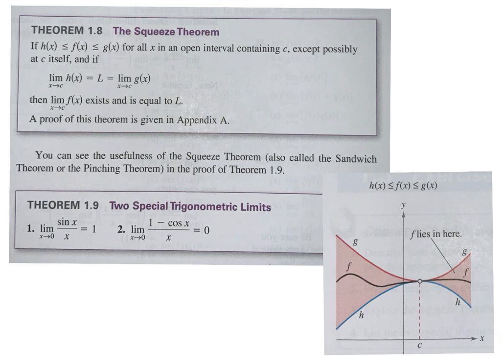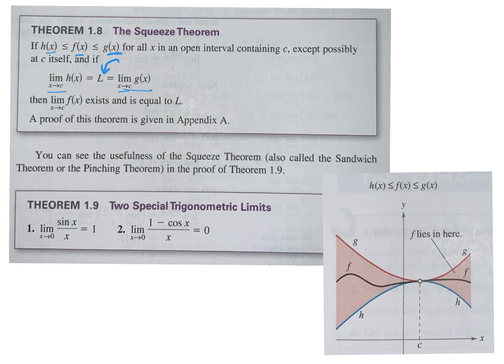All right, so one of the theorems in this chapter is the squeeze theorem. The squeeze theorem states that if you have three functions, f of x is between two other functions, h and g, for all x's except maybe c, which is what you're trying to approach, and you have a limit of h and g that are the same at that c.